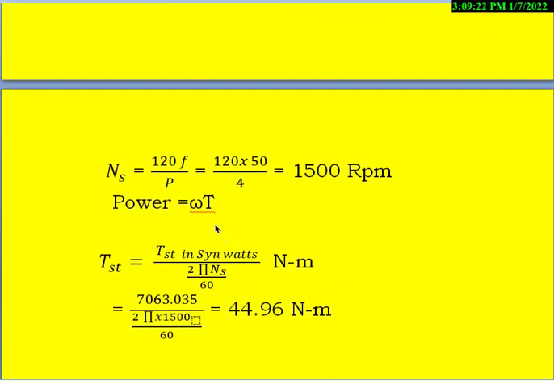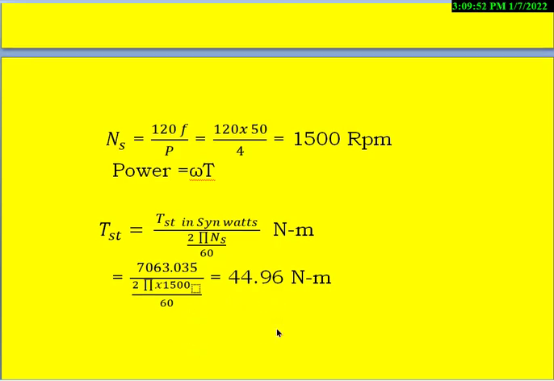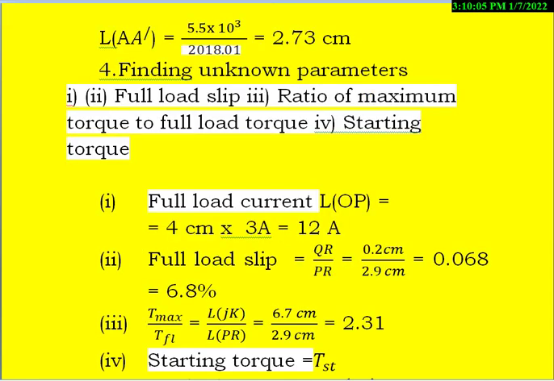To convert that into Newton meters, we have to divide the power, that is TST in synchronous watts, by omega, which is 2 pi Ns divided by 60. After substituting the values, the starting torque in synchronous watts is 7063.035, divided by omega, which is 2 pi into 1500 divided by 60, and we get 44.96 Newton meters.